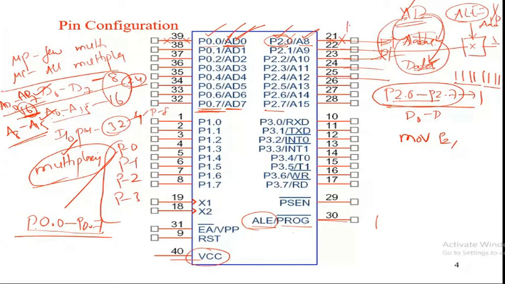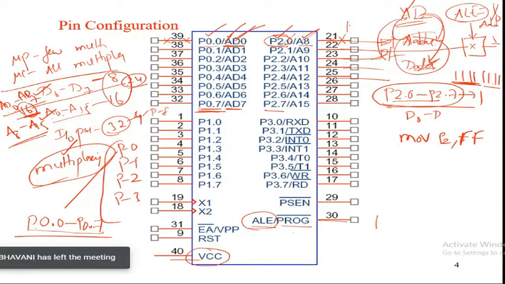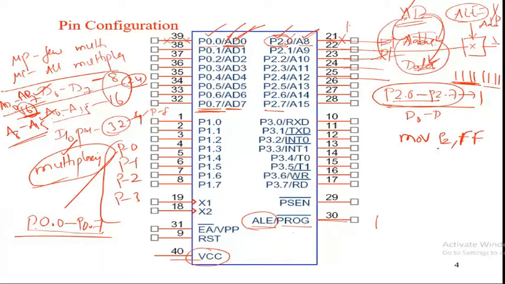What is the data we can say here? 4 ones. Yes, sir. Next, as we are making all ones, I am going to take it as F and this is also an F. So MOV port 2 comma FF, in the sense all the ones are going to be activated to port 2, and if LEDs are connected, they will glow.